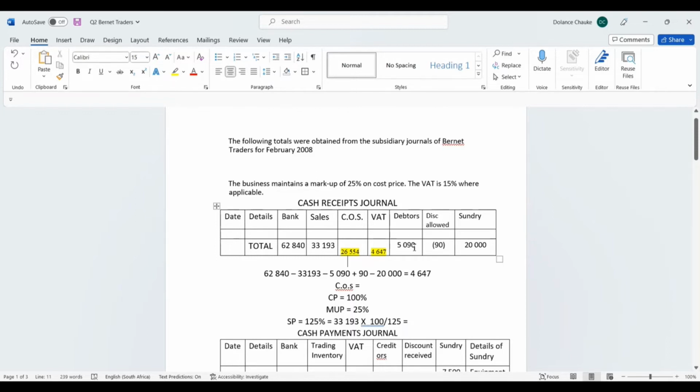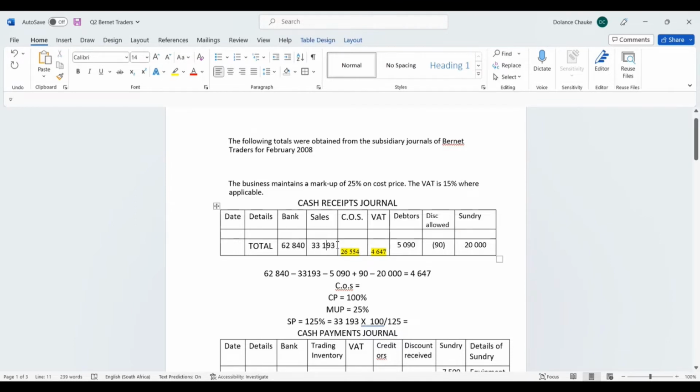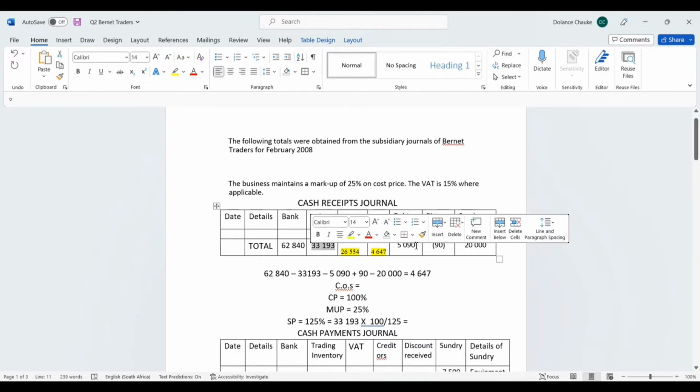You might not be given discount, or they might not give you bank. I want you guys to go and sit when you are practicing. Assume you don't have bank, how to get it. Assume you don't have sales and you don't have debtors, how to get it.